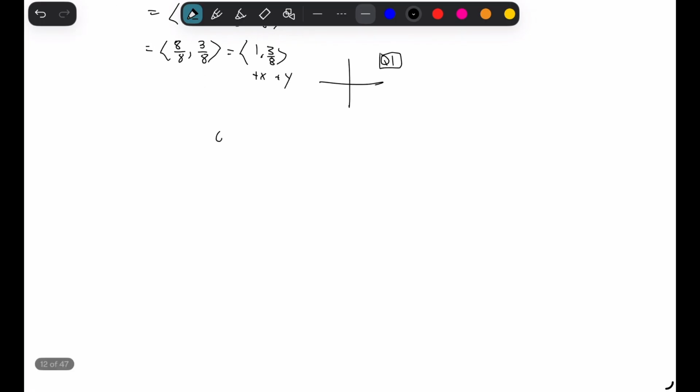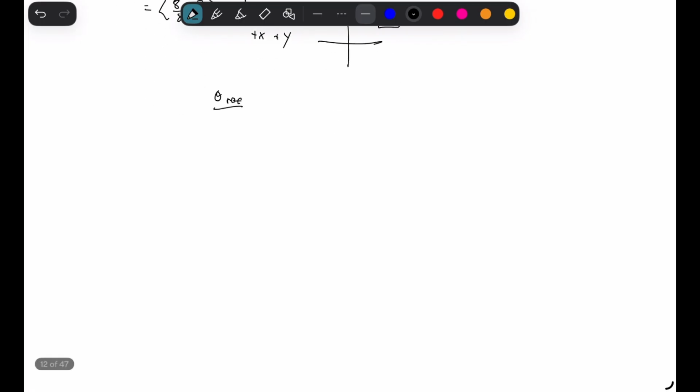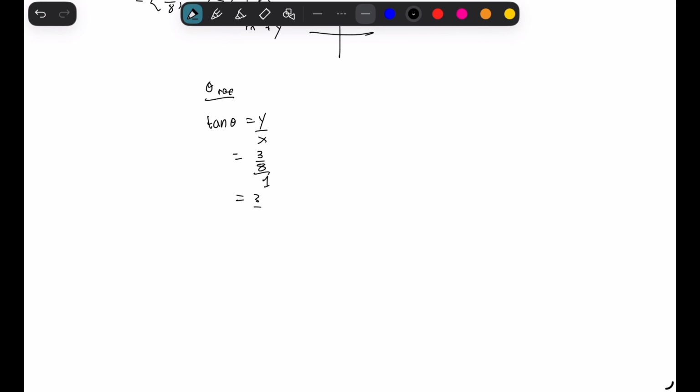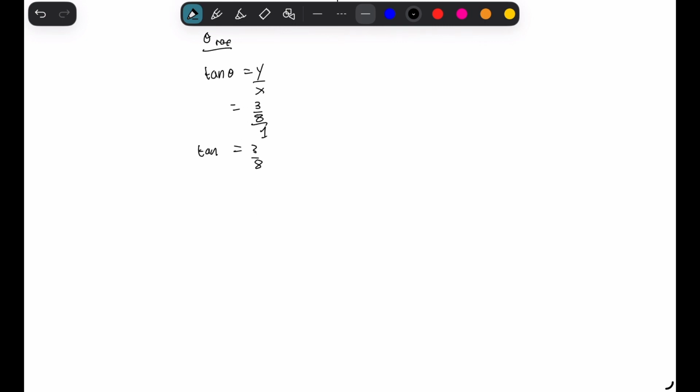Now let's find our reference angle. Tan theta is y over x. So we want to find the inverse of that. So theta is equal to 20.56. Now your final theta is also going to be equal to 20.56 degrees because we are in Q1.